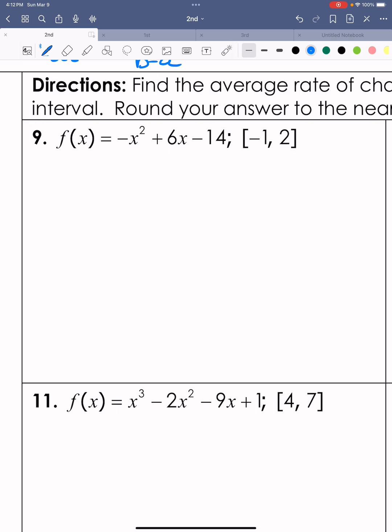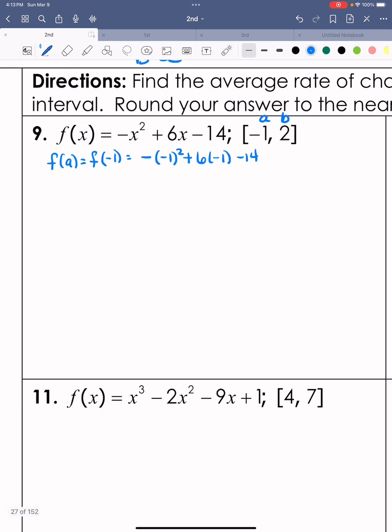Okay, first I have A and B. Now I need to find f of A and f of B. So, f of A is f of negative 1. So I'm going to fill that into this quadratic equation up here. I'm going to have negative of negative 1 squared plus 6 times negative 1 minus 14.